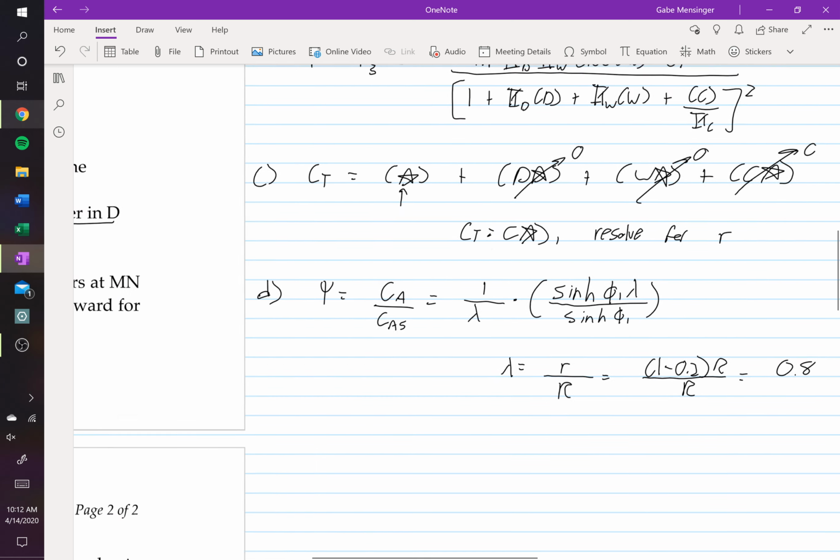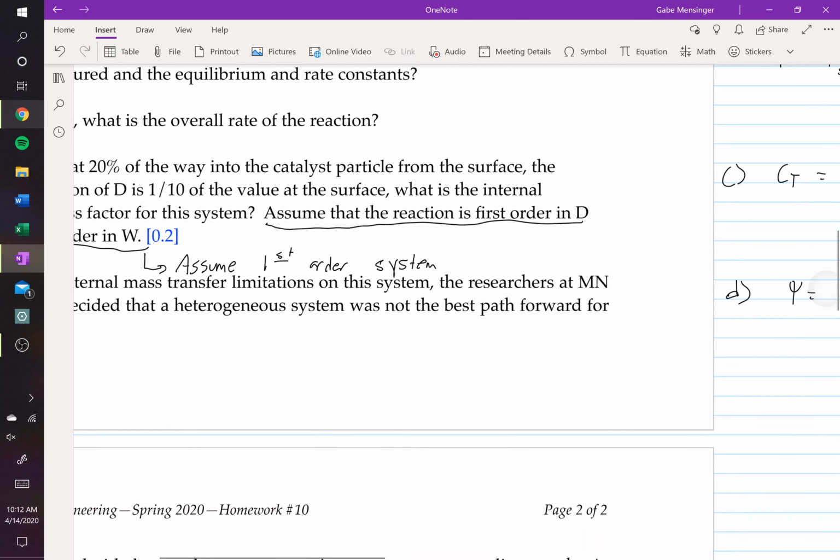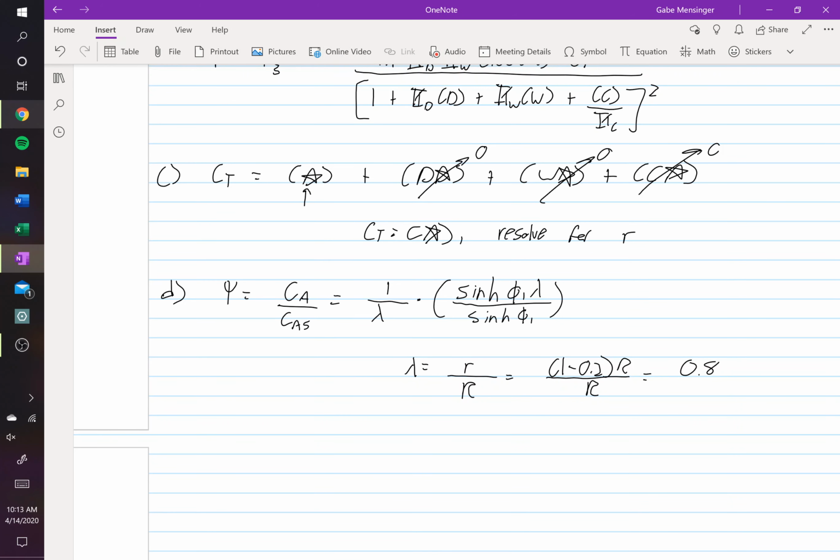And we said at this location that the concentration is 1/10 the value at the surface. So we'll say that Ca over Cas, you can rewrite as 1/10 Cas over Cas, which of course just equals 1/10.